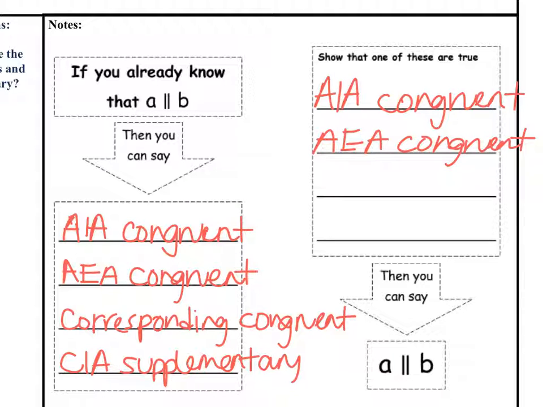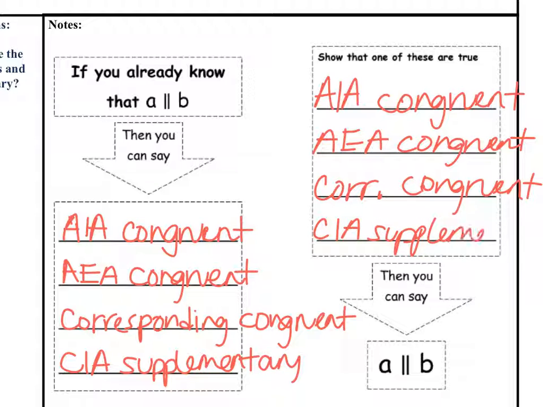You already wrote these down. You can show that corresponding are congruent, or you can show that consecutive interior are supplementary. Then you can say that the lines are parallel.